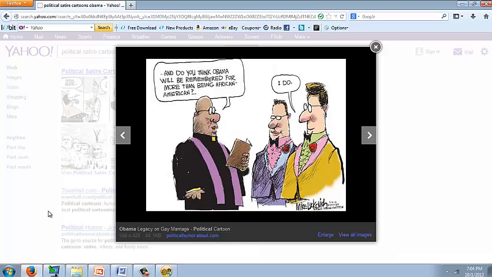And of course the men, as if they're in a wedding, say, "I do." And the point that's being made is that the rights for gay marriage has happened under the Obama administration. So we can see here a political satire that is focusing on a policy that became law under the Obama administration.